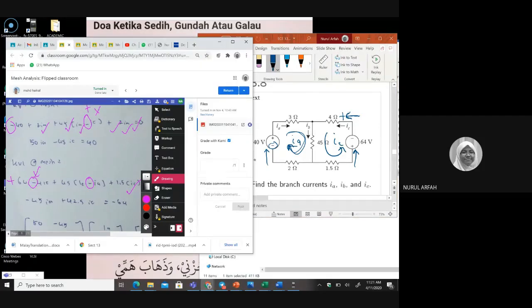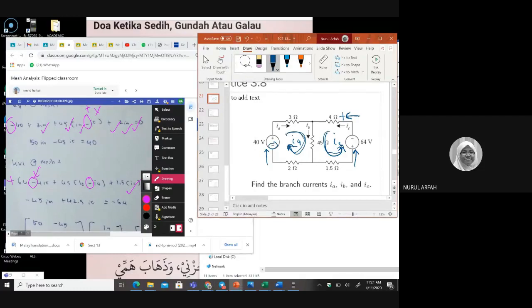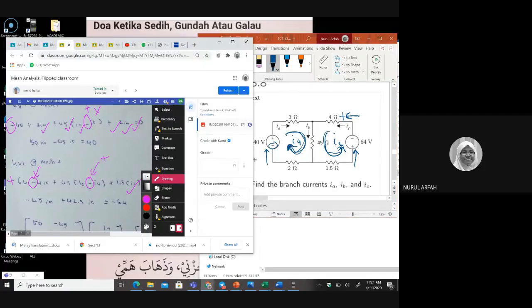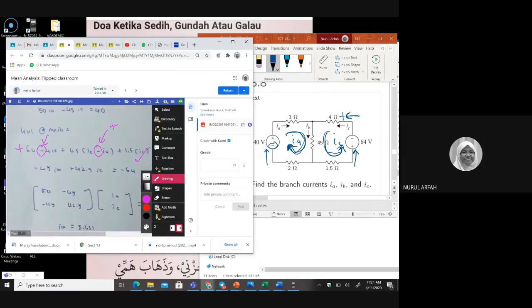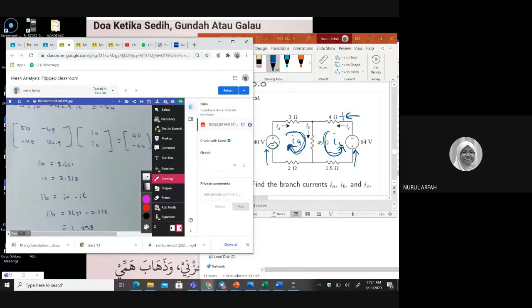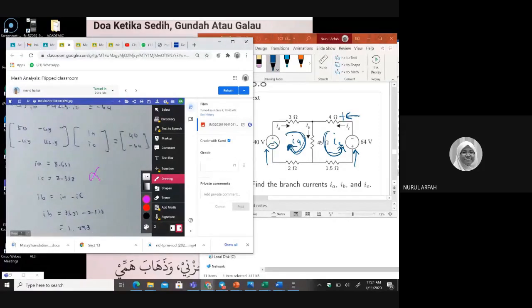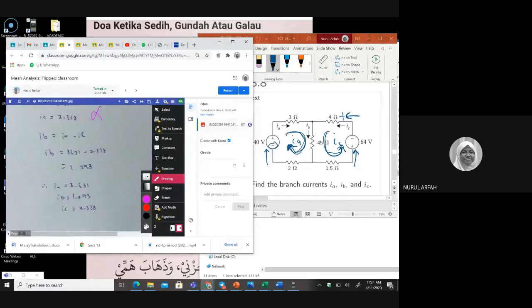And since both are in different direction, imaginary current here, so you need to have a plus sign here. If you have the same current direction, then you will follow the one I mentioned in the video. Good. Okay, so the rest is wrong. Tak apa, jangan sedih.